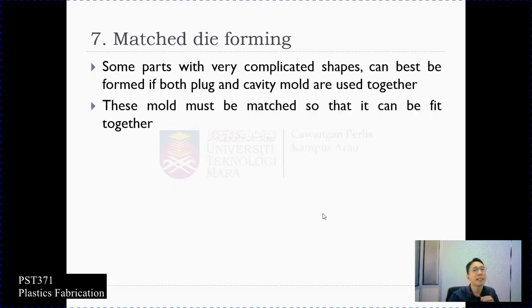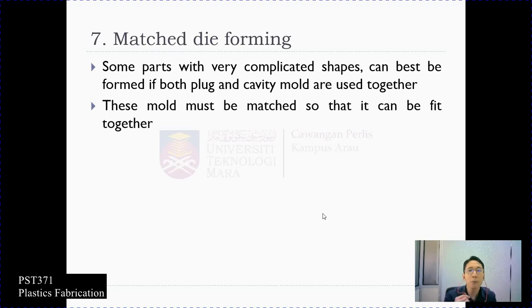The final thermoforming is mesh die forming. Some parts with very complicated shapes can best be formed in both plug and cavity mode. Okay, previously saya mention pasal plug assist forming. Sebelum tu saya cerita pasal cavity mold. Okay, mesh die forming, they use both plug and cavity, untuk dapatkan bentuk yang very delicate, very complicated shapes.